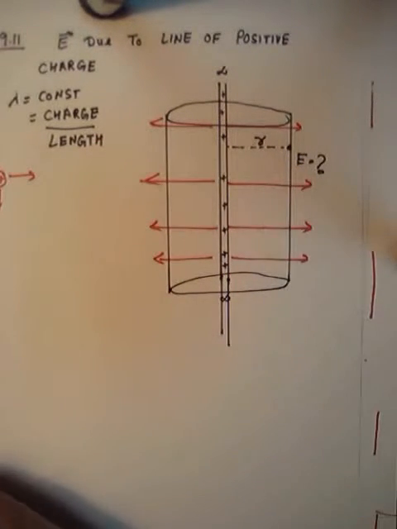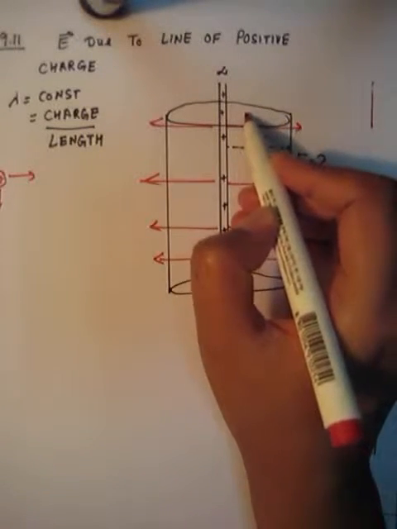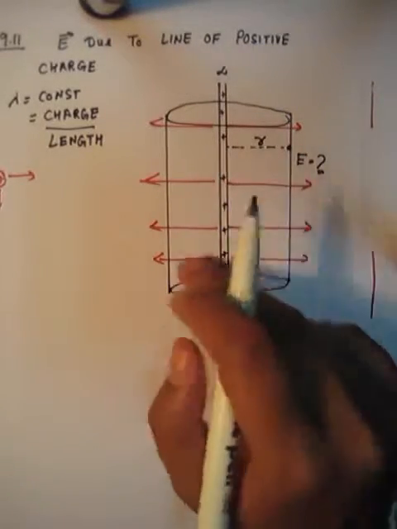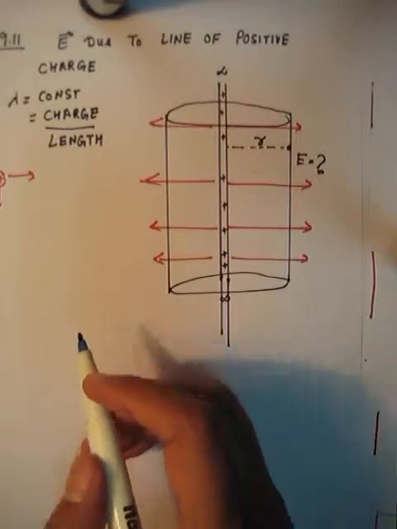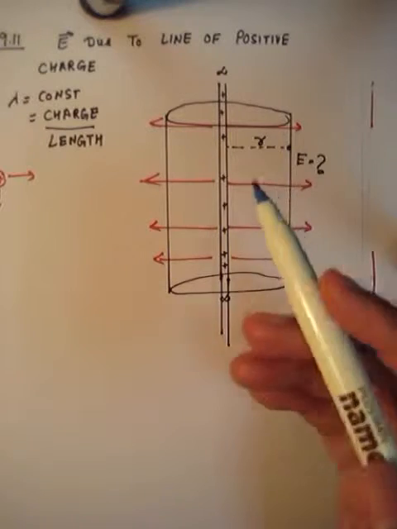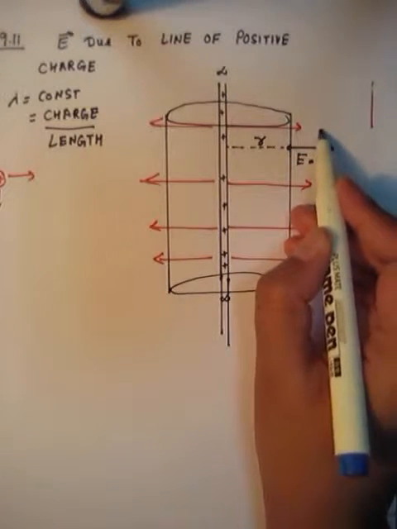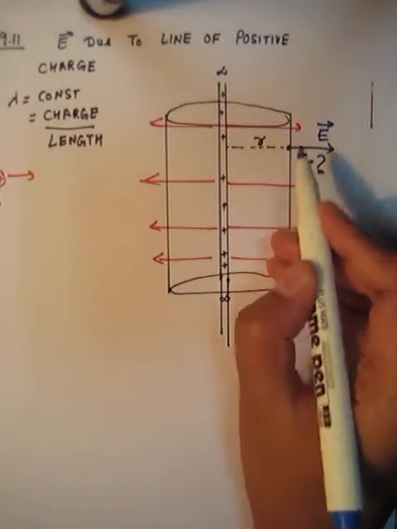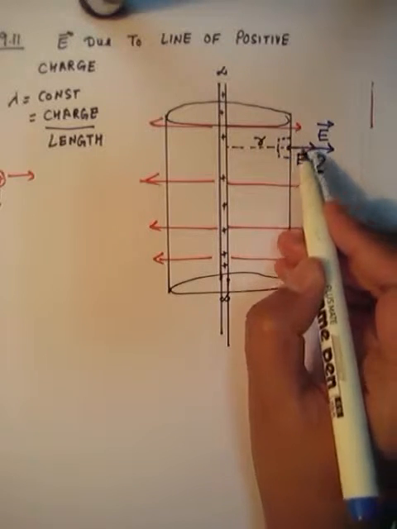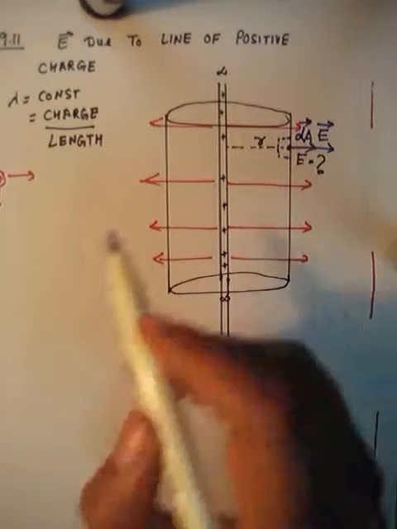So we've drawn the Gaussian surface. The second thing is to check the direction of the electric field and the area vector. At this point the electric field will be radially outwards, and because it is a cylinder, the area vector will also be in the same direction, because the area vector is also along the radius.